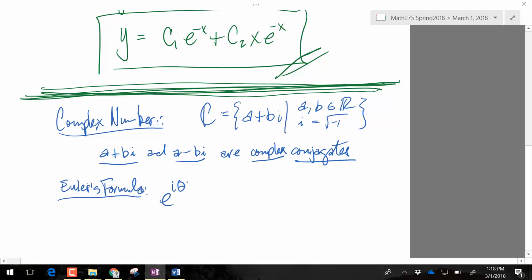According to Euler, you can write this as cosine theta plus i sine theta. Now there's all kinds of neat activities we can do around this. We can expand series to do this. We can graph this on a complex plane to do this. We could do a lot of fun things, but just take it for what it is and move on. We don't have time.